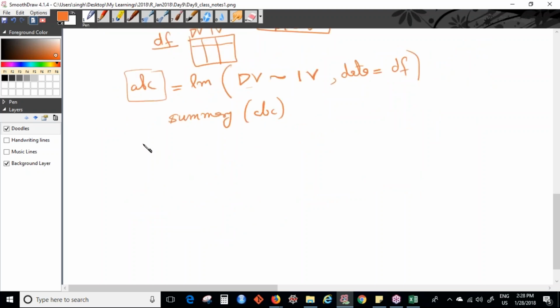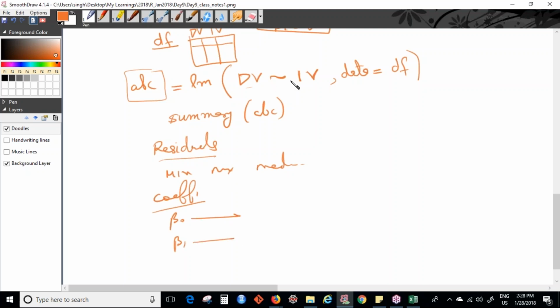We saw only a few things yesterday. From this output, we saw the errors. The errors are also known as residuals. So you will get descriptive statistics of the errors: the mean error, the max error, the median of errors, and so on. And also you get the coefficients. Coefficients are nothing but your beta naught and beta 1. Beta naught is the intercept, and beta 1 is the coefficient corresponding to this independent variable.